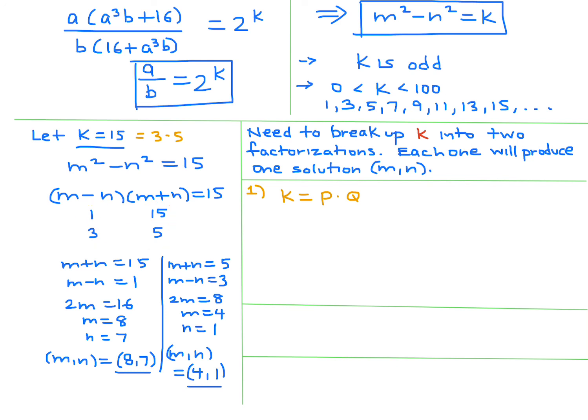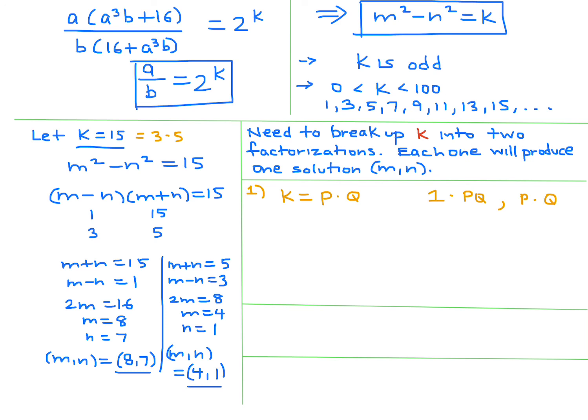The first one is just 1 times the number, so 1 times pq, which I had done here, 1 times 15. The second factorization would be p times q, like that, which is this one, 3 times 5. And each of these will produce one mn. So this will give me two solutions.